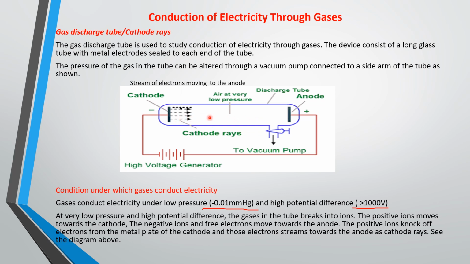This drift of electrons to the anode shows that there is electricity, or that current is flowing in the system. So this is what the diagram is representing: the stream of electrons that have been knocked off from the surface of the cathode, moving towards the anode.